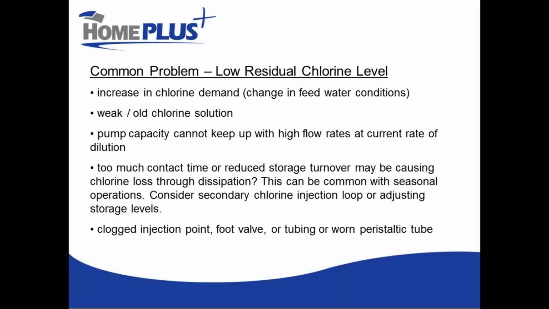We see that this time of year with turbidity levels and organics levels increasing due to freshet, and certainly the amount of rain we've had lately as well. Your chlorine could simply be getting old. If you haven't replaced your batch and you're starting to suffer from low residuals, you may be able to turn your pump up temporarily to compensate, but if you've reached your max settings, it could just be you need some new solution.